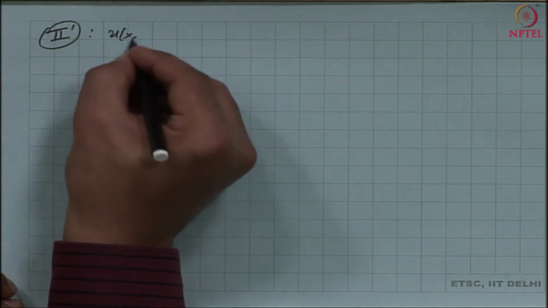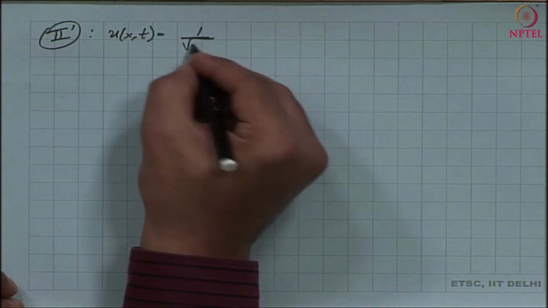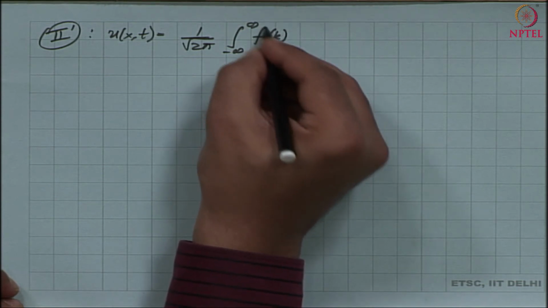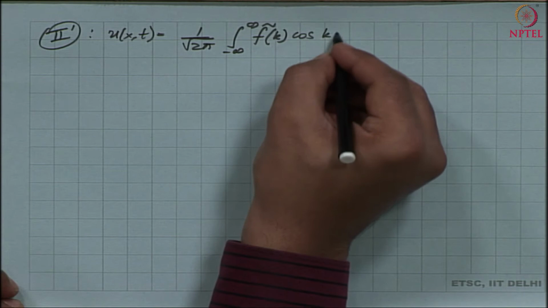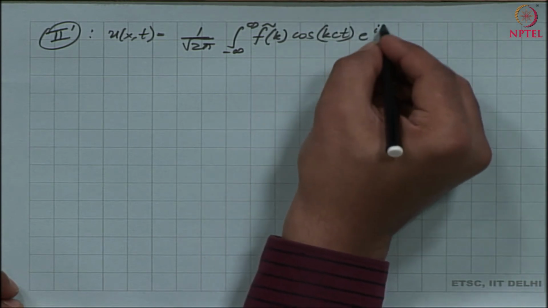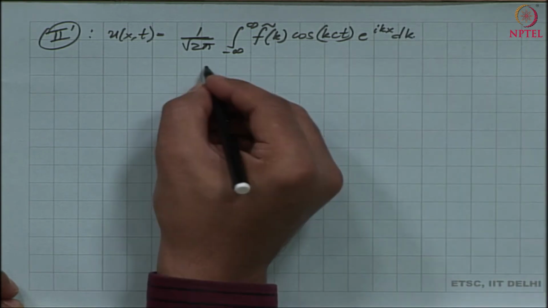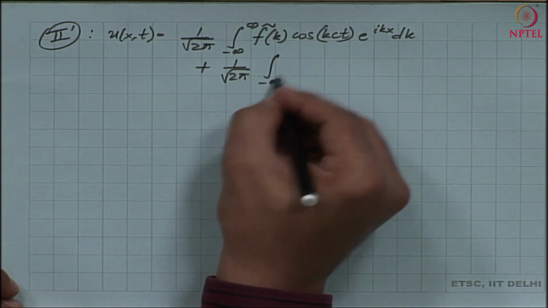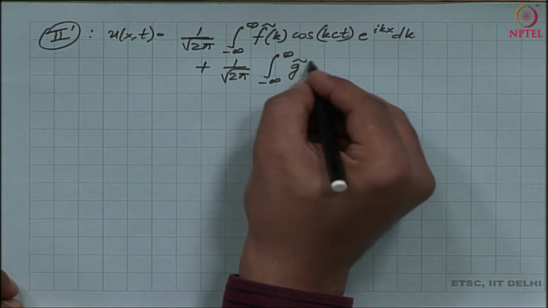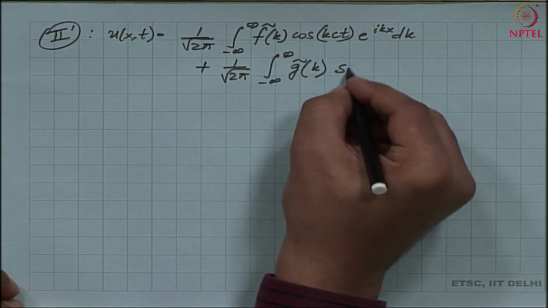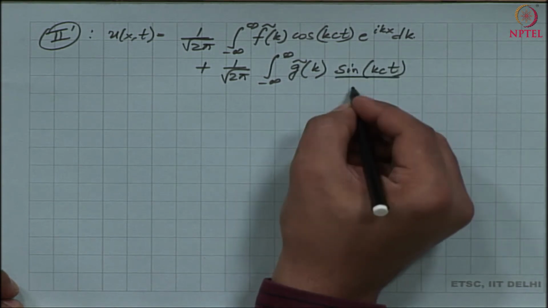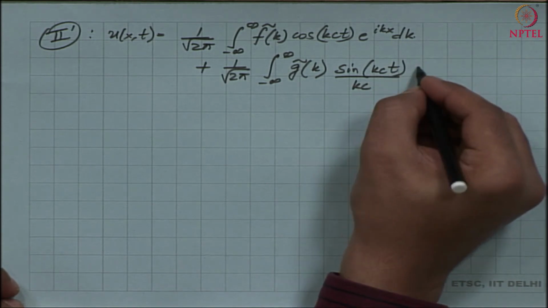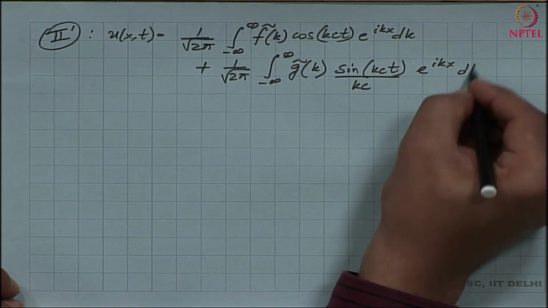My u of x comma t, the first integral is straightforward, this is 1 by square root 2 pi integral from negative infinity to infinity f tilde of k cos k c t e to the power I k x d k plus the second integral, 1 by square root 2 pi integral negative infinity to infinity g tilde of k sin k c t divided by k c times e to the power I k x d k.